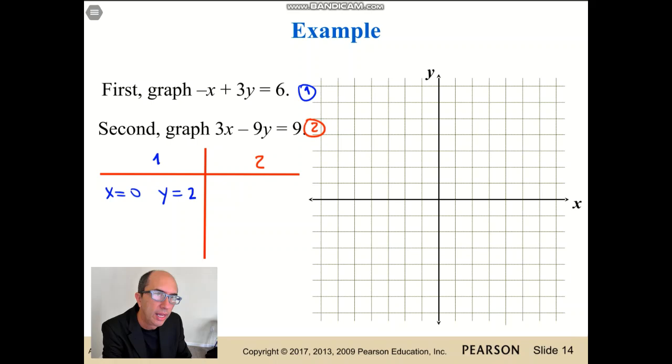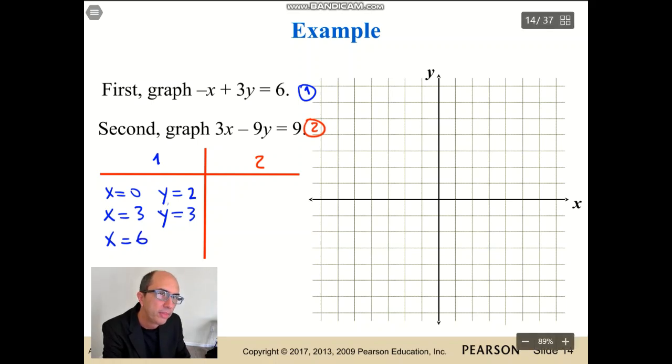If x equals 3, plug in here and find the value of y using the addition property and multiplication property. Y equals 3. And if x equals, let's say here, 6, then y equals 4.